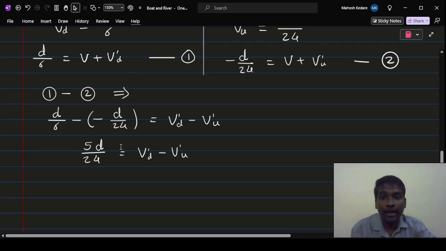So magnitudes of these two speeds are equal. However, they have opposite algebraic signs because V dash d is the speed relative to river in the direction of river, while this upstream speed is in the opposite direction of river flow. So they will have opposite signs.